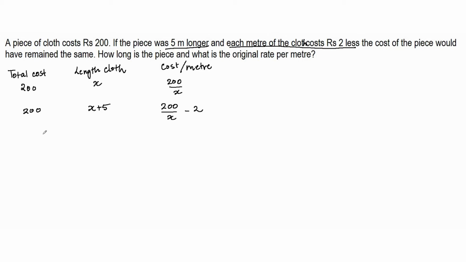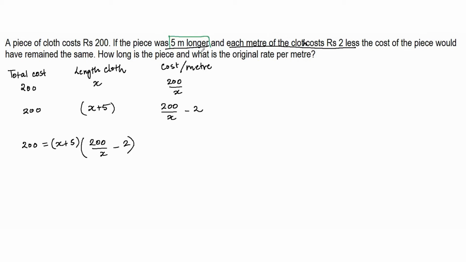And therefore the equation that I can build over here is 200 is equal to x plus 5, the new length of the cloth, multiplied by the cost per meter, so 200 upon x minus 2. So again, what we did was we just took down the conditions.